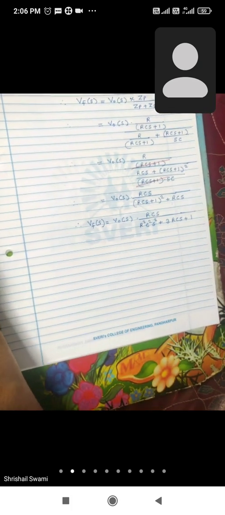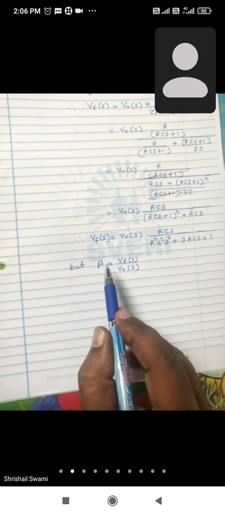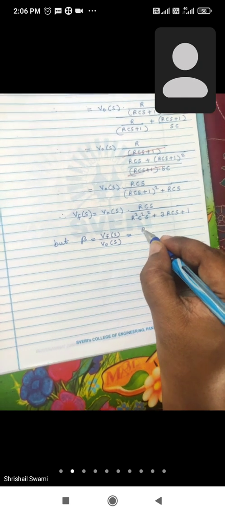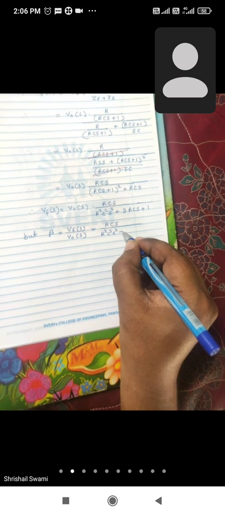Okay, now what will be the gain, what will be the Vf of V0S, but beta is given by Vf of S divided by V0 of S. Beta म्हणजेच काय, फीडबॅक फॅक्टर ऑफ द फीडबॅक नेटवर्क. सो बीटा इज इक्वल टू output of feedback network divided by input of feedback network, that is beta is given as Vf of S divided by V0 of S, and that is equal to this one, RCS divided by R square C square S square plus 3 RCS plus 1.